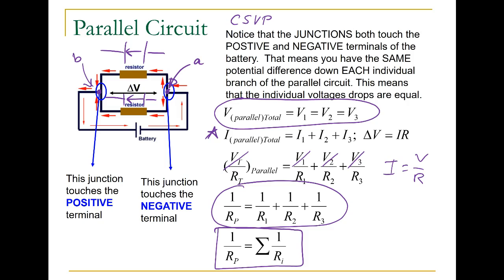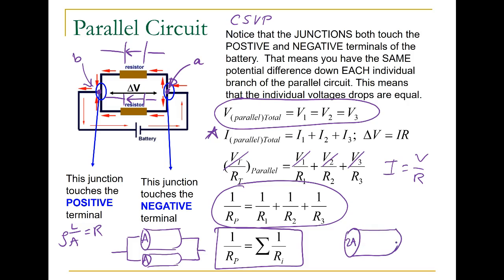Why is that? Well, if you go back to our idea that rho L over A is equal to the resistance, if I put two resistors in parallel that have basically the same area, so this has an area of A, and this has an area of A, that's equivalent to basically having one really fat resistor with an area of 2A.